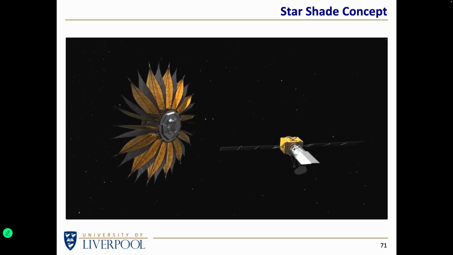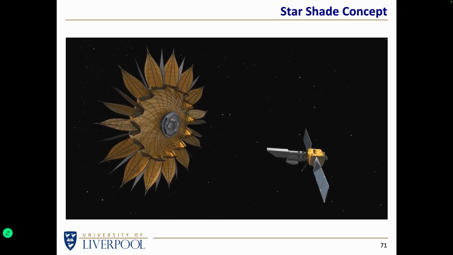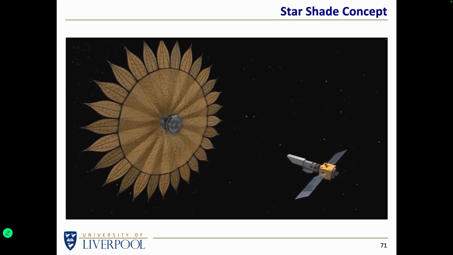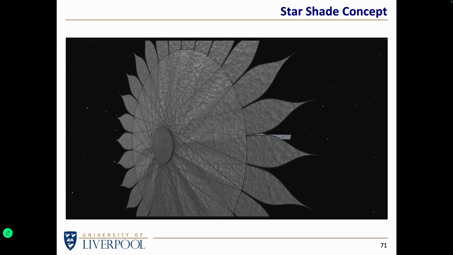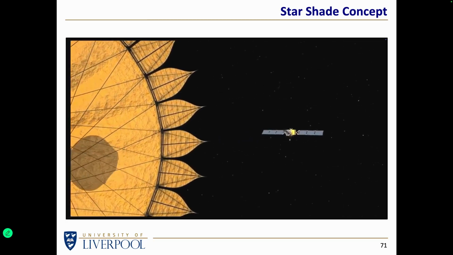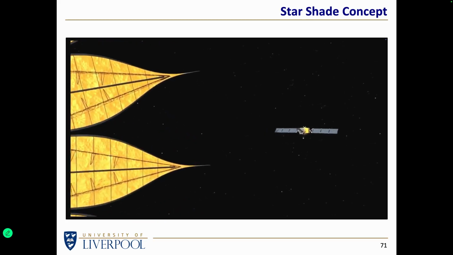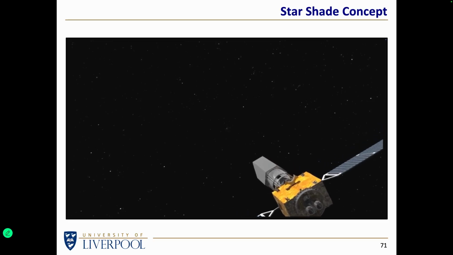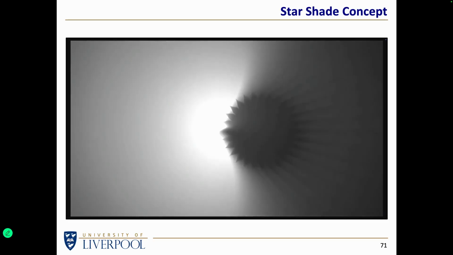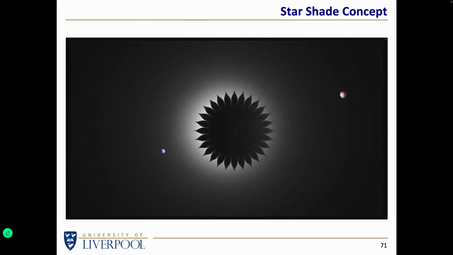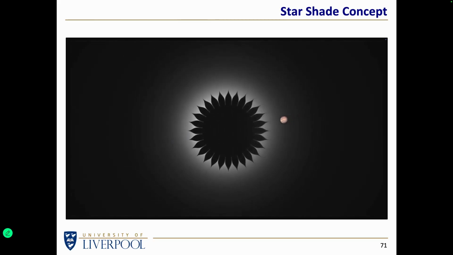They will decouple, the star shade will then unfurl and produce a huge 100-meter diameter shade, which will then be flown a large distance away from the telescope, some 50,000 kilometers or so, and it'll be far enough away that it'll be possible to block the light of a star but still reveal the presence of any planets that might be orbiting that star.